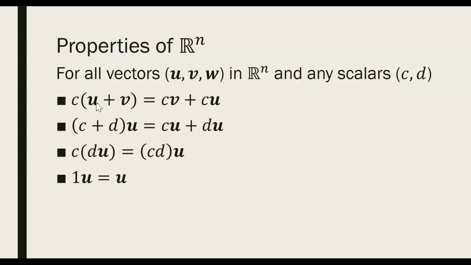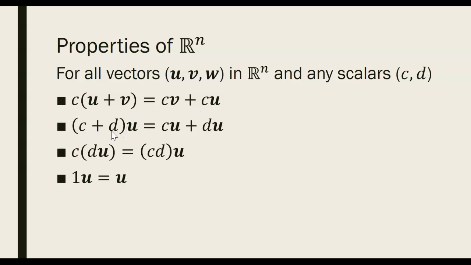So if I was going to add two vectors up and then multiply by a scalar, it would be the same thing as multiplying the first one by a scalar and the second one by a scalar. Now, I wrote this down in a way I switched the order, but remember, it doesn't matter if we switch the order because vector addition is commutative.